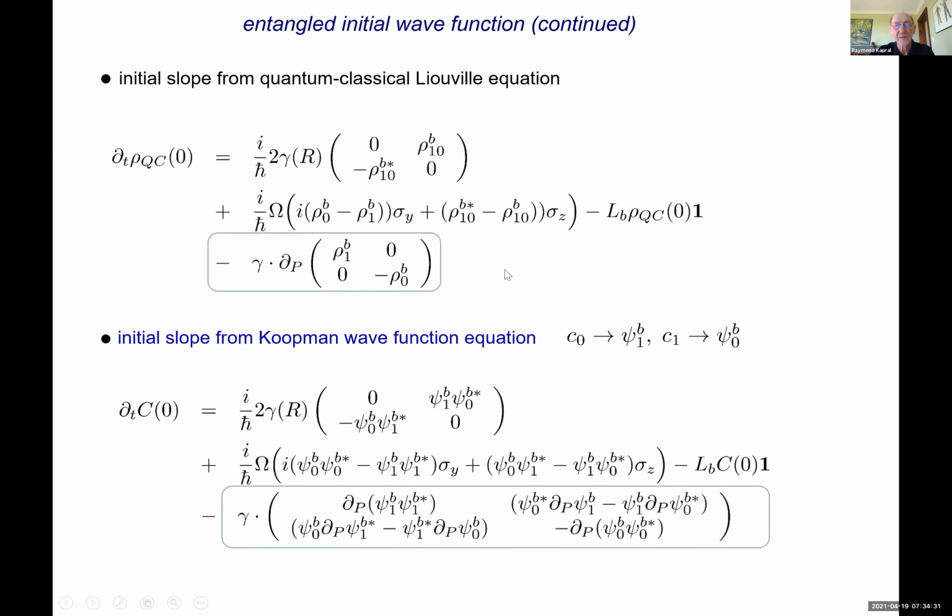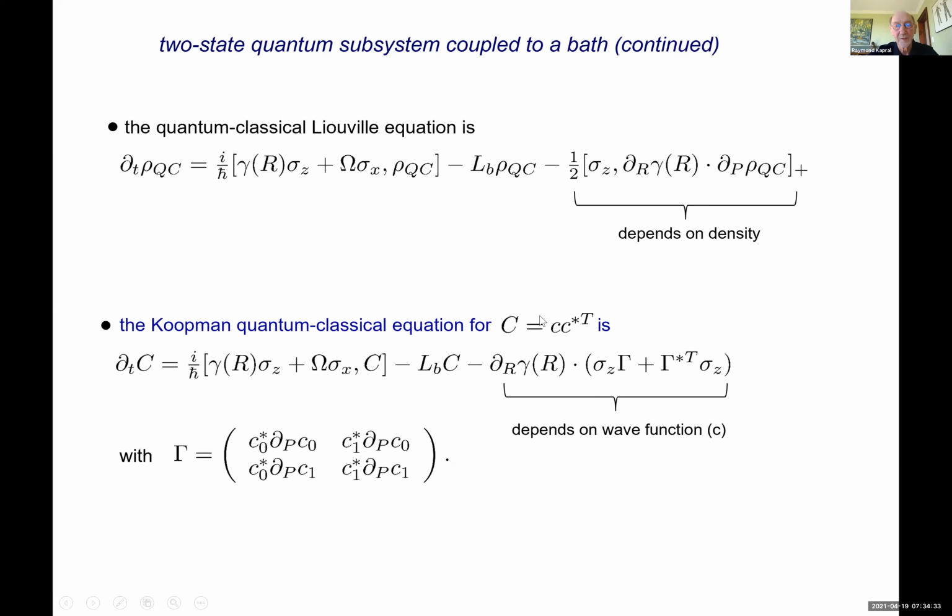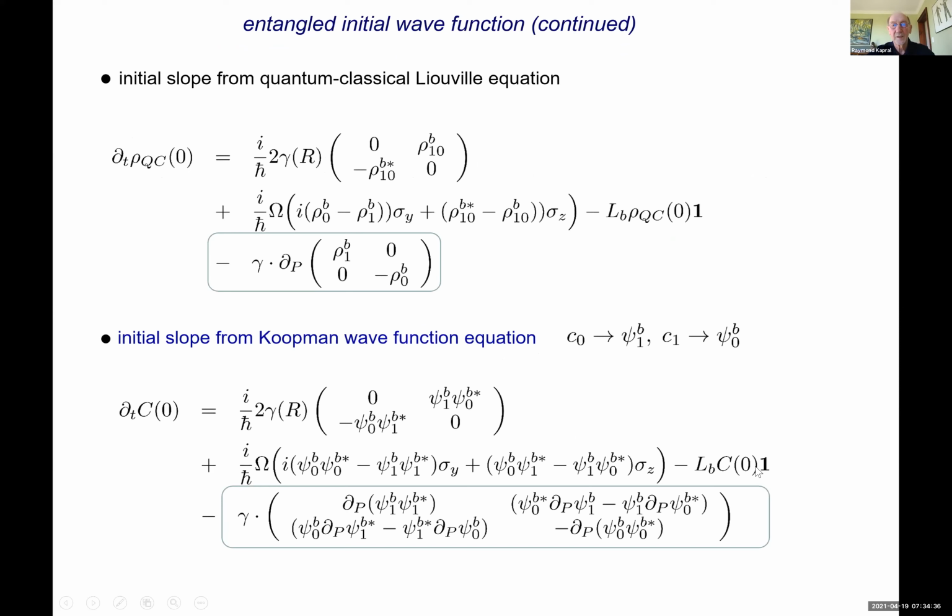Now, it's a little bit tricky to consider how to compare this with what arises from the Koopman equation, because you have to decide really how to construct the initial state. It was fairly clear in the quantum classical Liouville equation that you write down the initial quantum system that you're starting with, and then you simply keep the initial state. But here you have to really reconstruct what you're going to call your classical wave function.